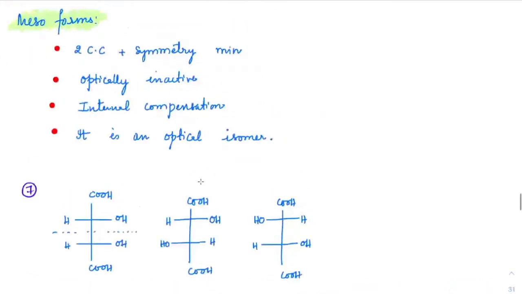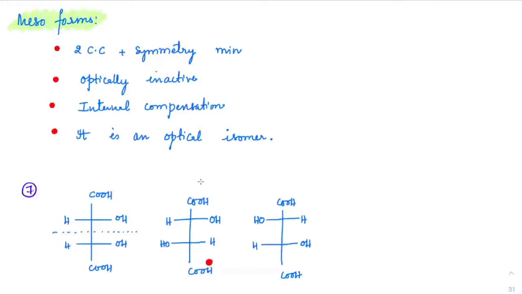Sir, if two chiral centers are there, how can we say directly whether it is optically active or inactive? You can check out this example only. If you see here, this molecule has two chiral centers, but there is a plane of symmetry passing, so this will be optically inactive. Here there are two chiral centers, no plane of symmetry, no center of symmetry.